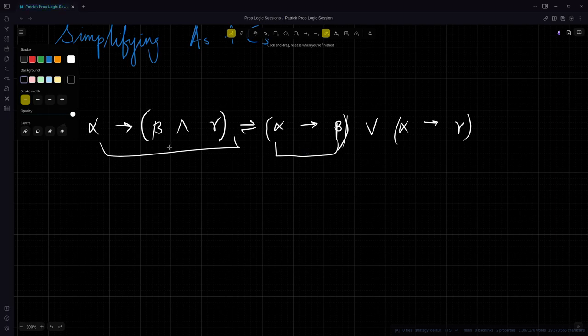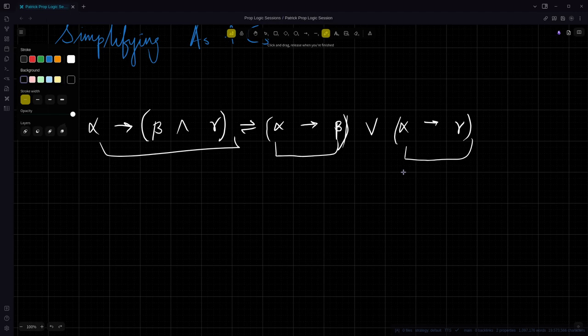And we also know this is equivalent to this, which means this will have the same truth table as this. If we just do a disjunction, they are both the same truth table, so it will be P or P, so they will have the same truth table.